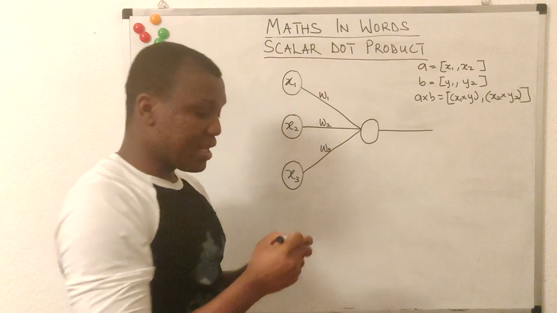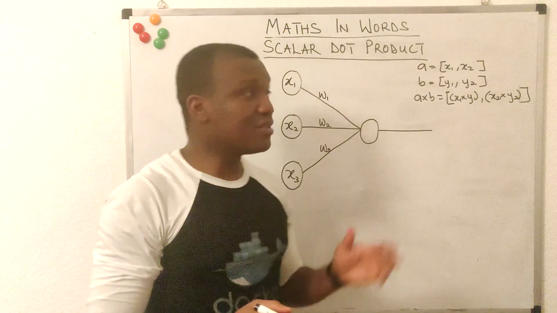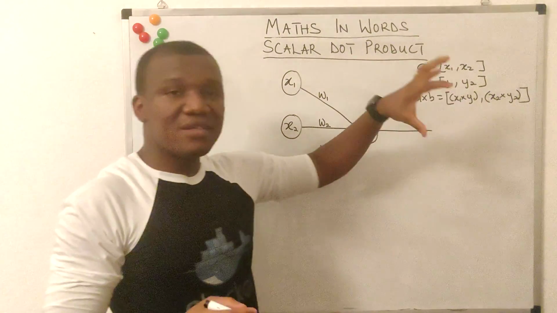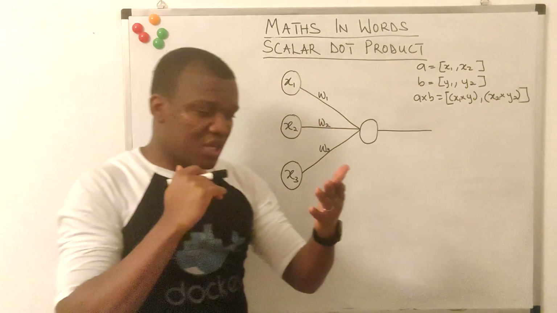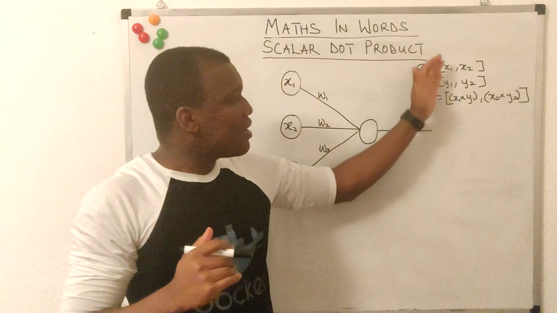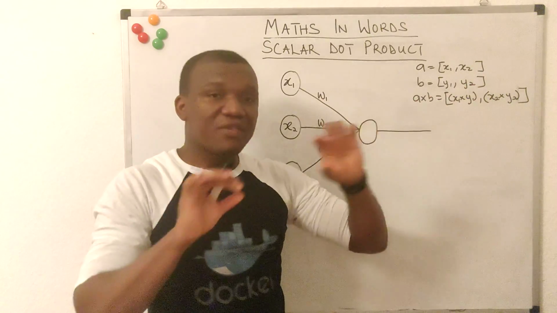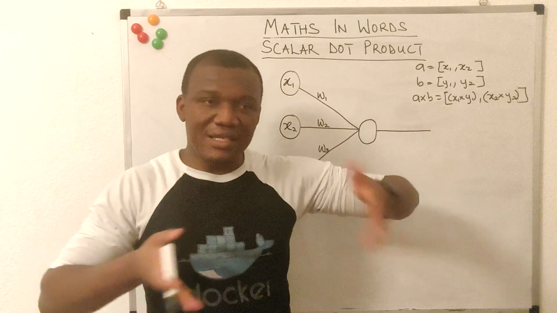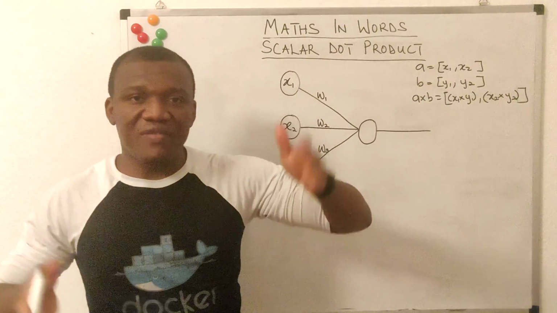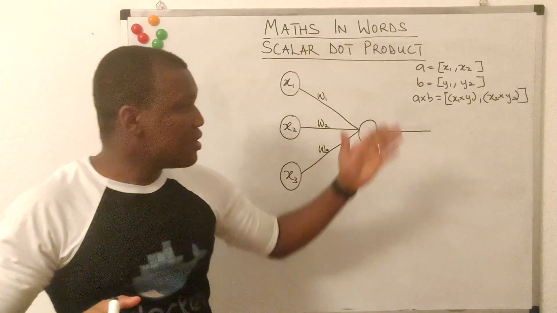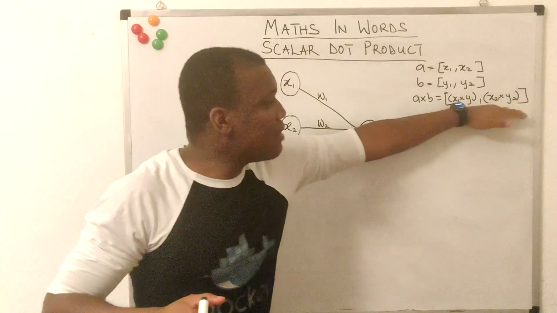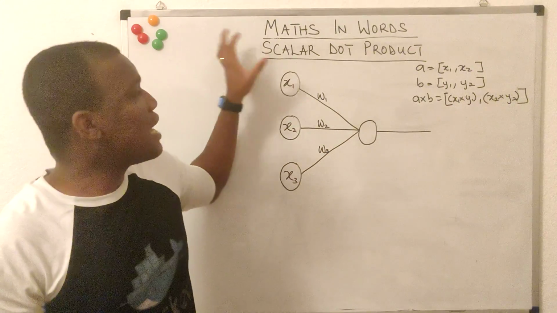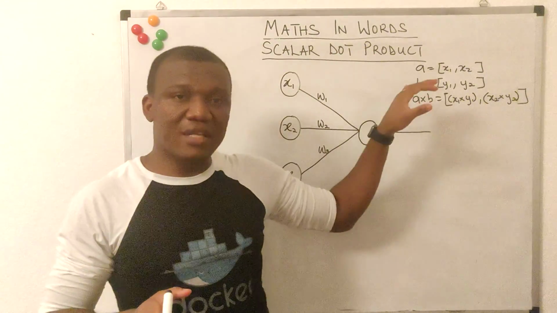This is what the element-wise multiplication of two vectors gave us. What you need to keep in mind is that the number of entries in each of the vectors should be the same, so that you can do element-wise multiplication, and the same applies to scalar dot product.